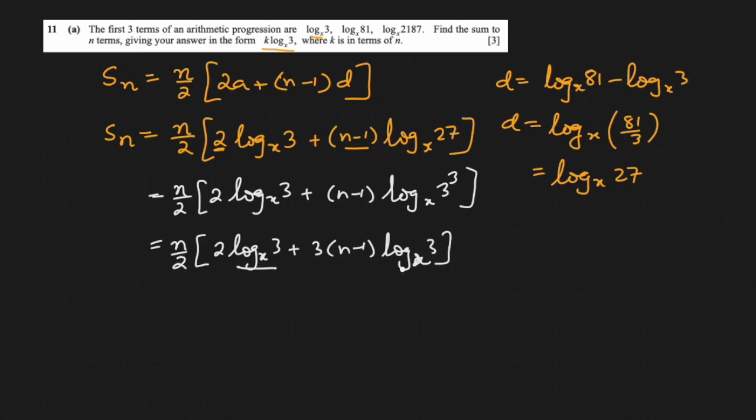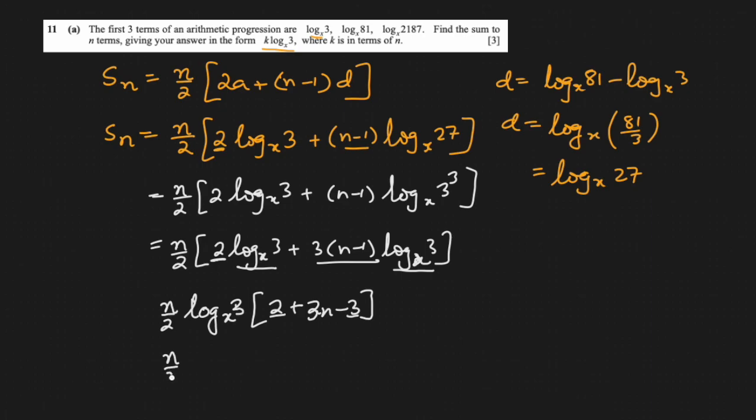Now they have exactly the same variable part, so we can take that common. So n over 2 was already out, and log base x of 3 also comes out. So what is left here? 2 plus 3n minus 3. Okay, 2 minus 3 is minus 1.